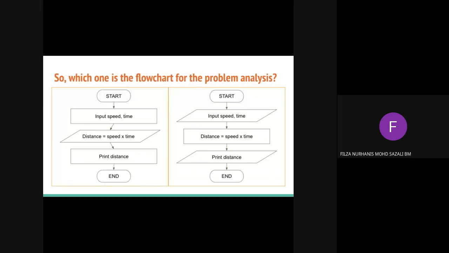Right? So which one of this flowchart is the correct flowchart? Yang mana satu? Sebelah kanan. Kanan, Miss. Very good. The right one. Yes. Why? Check the shape of the input and process. So the shape is like this.